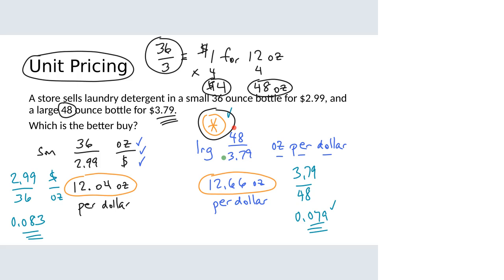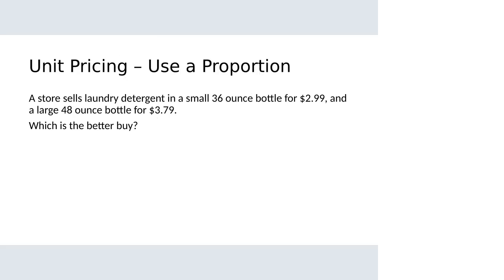All right, let's take a look at one other way to look at this. It's very similar to what Lorraine did. If we wanted to use a proportion for this, and again, this isn't the way you have to do it, but it's another approach you might use.